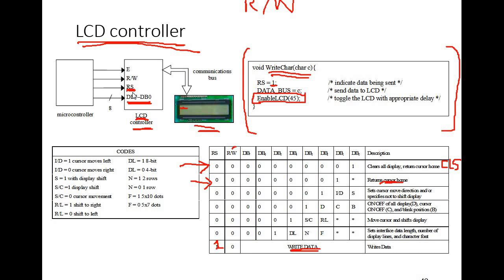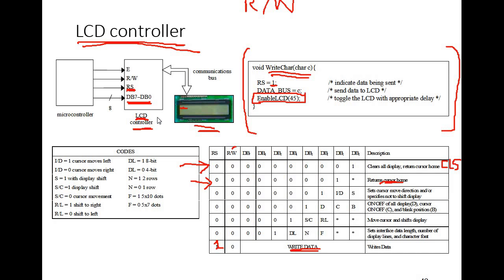And of course register select selects whether we want to write data to the LCD or write control information to the LCD. So whatever we want to display on the LCD is decided by this RS bit, right? If this RS bit is 1, we are writing data or displaying the data, and if RS is 0, we are writing a command to the LCD controller. That is basically the idea.